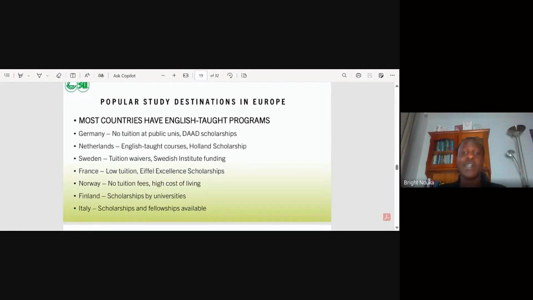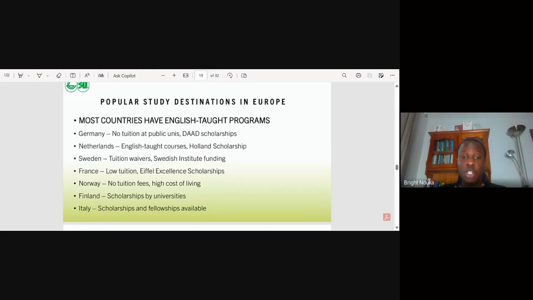For Germany, there is the DAAD scholarship, which you can check out. The Netherlands has English-taught courses, and there's the Holland Scholarship for international students. Sweden usually gives tuition waivers, and there's Swedish Institute funding. You can Google all of these and you will see more information on them. Time will not allow me to talk about them in detail.